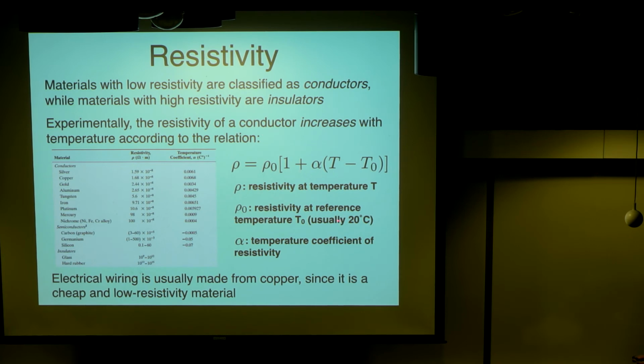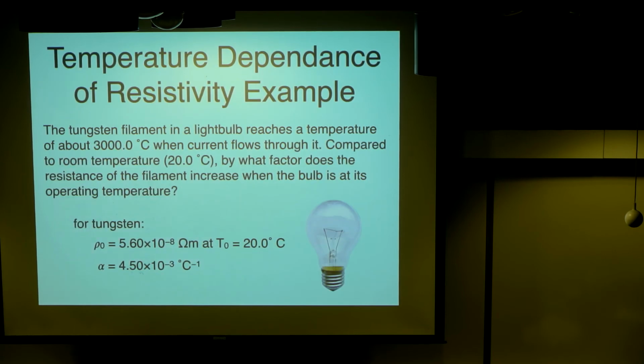Any questions on that? All right, so let's keep going. Let's do this example. The tungsten filament in a light bulb reaches a temperature of about 3,000 degrees Celsius when current flows through it. That may seem hard to believe, but yeah, the filament inside of a tungsten light bulb actually does get that hot when it's glowing at its full brightness.